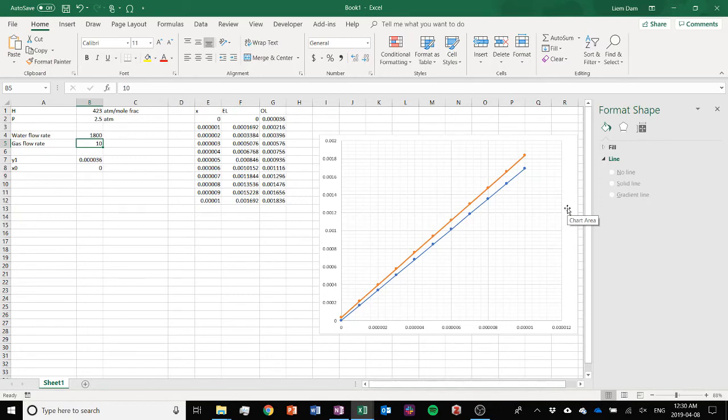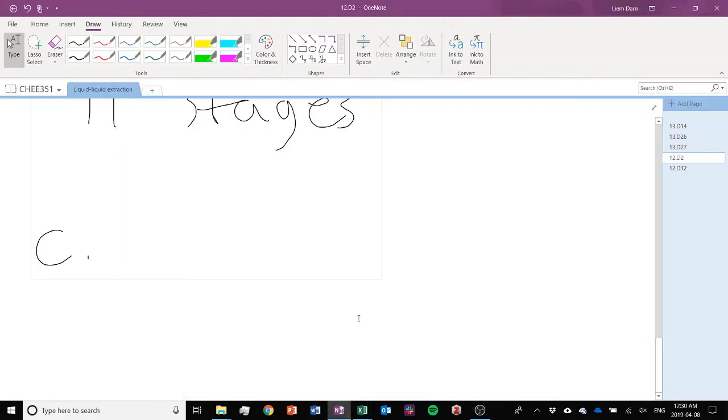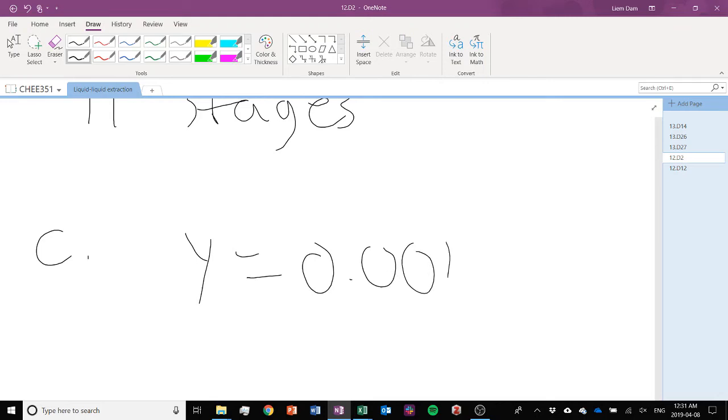And we're essentially just, to find the L over V min, we need to find the pinch point at y equals 0.0012 because that's where our column begins. So to reiterate, we're looking for y equals 0.0012. So let's start by finding the correct value of x where the two lines need to intersect, since the equilibrium line doesn't change.